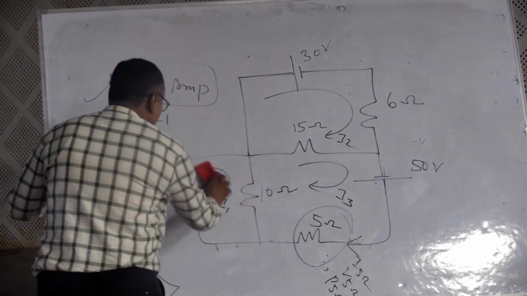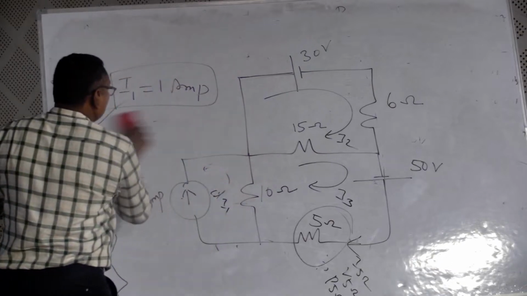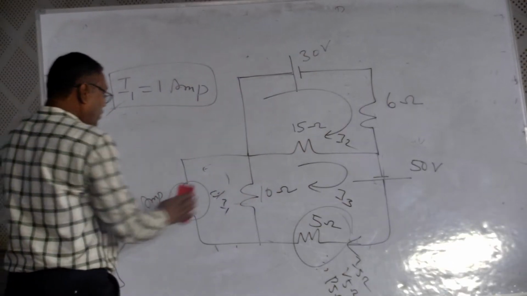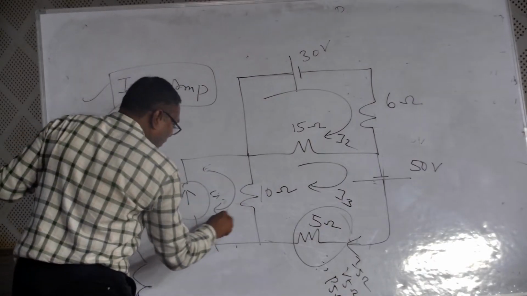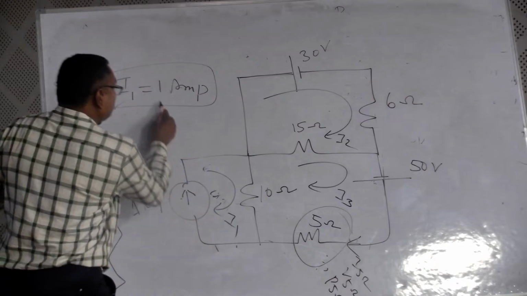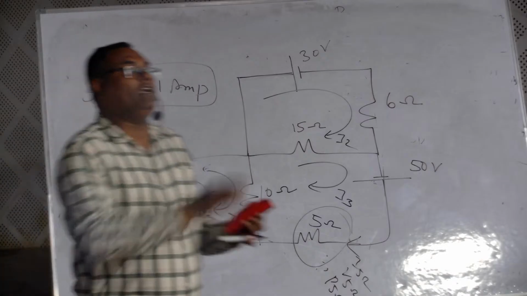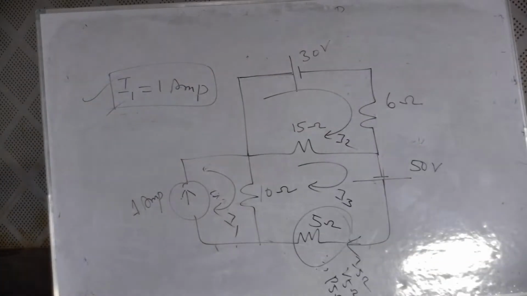If you are taking I1 in a clockwise direction, the answer is 1, from the given diagram. I1 is equal to 1 ampere.